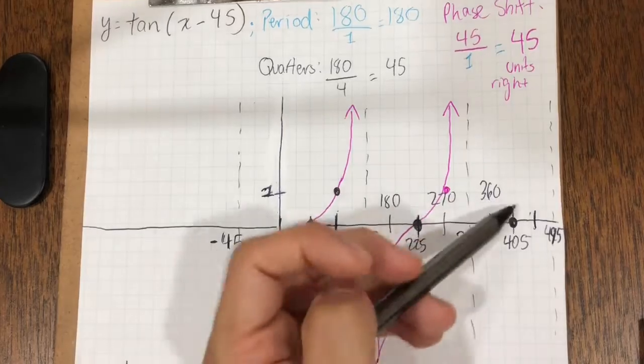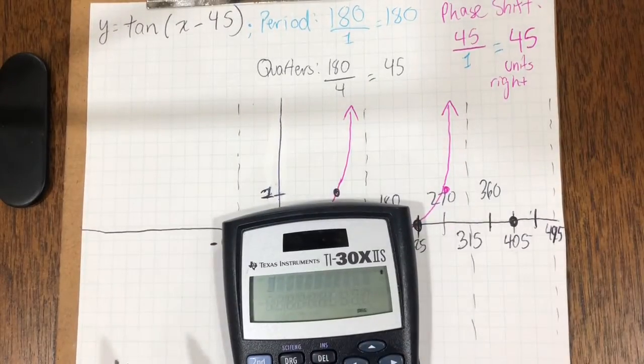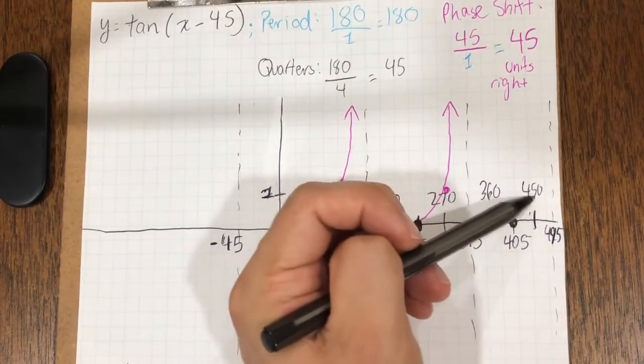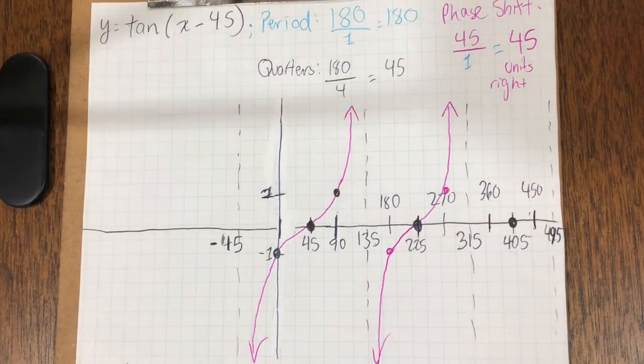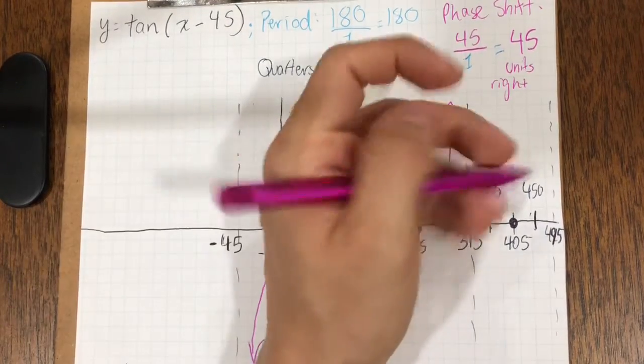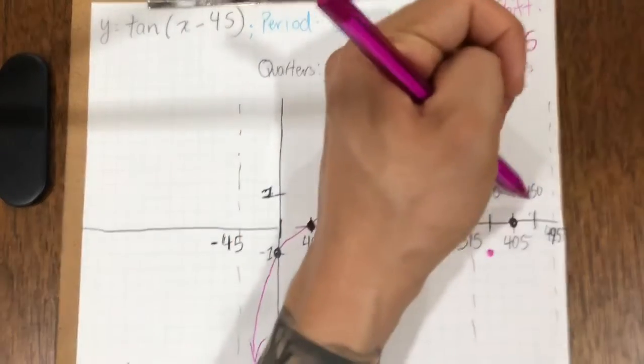All right, and then 360 plus 45 gives me 405. And then 405 plus 45 should give me 450. And then if I add 45 to this, I should get 495. And then I'm going to use the pattern for the graph. So I have low at 360, mid at 405, and high at 450.